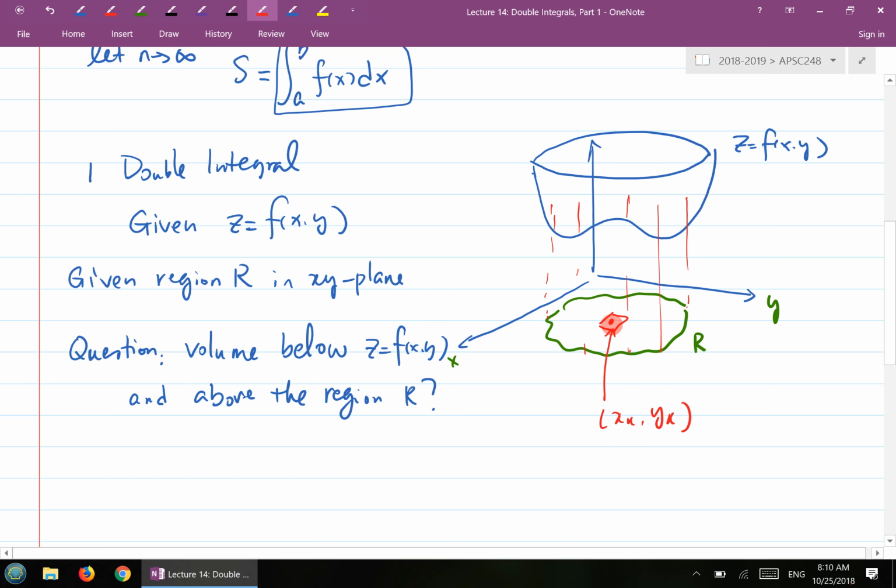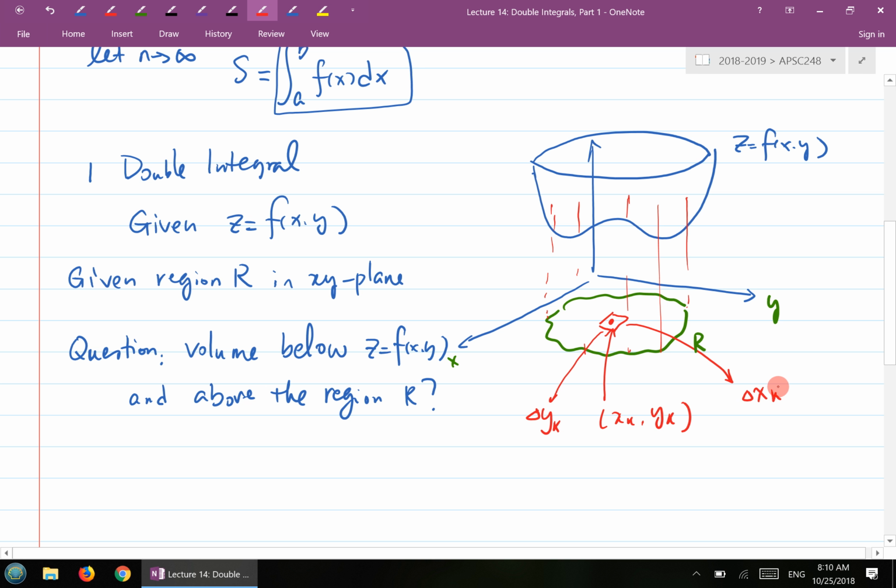One side, let's call it delta y k, a very small change in the y-axis direction, and the other side, let's call it delta x k. That's how we create that small rectangle.